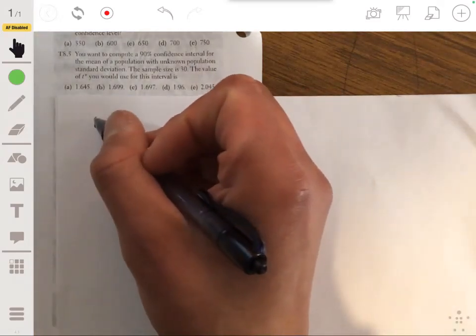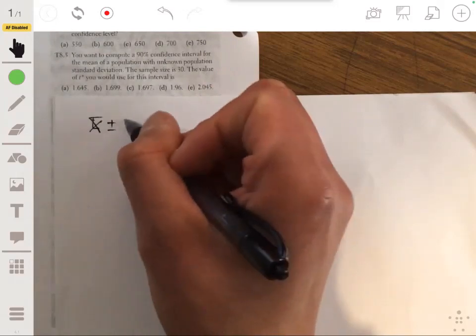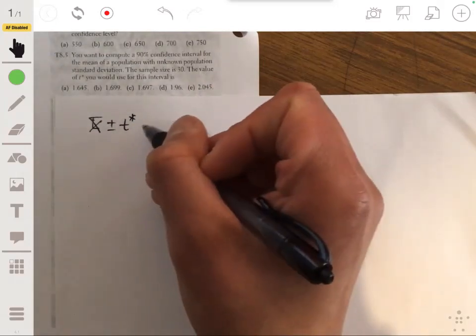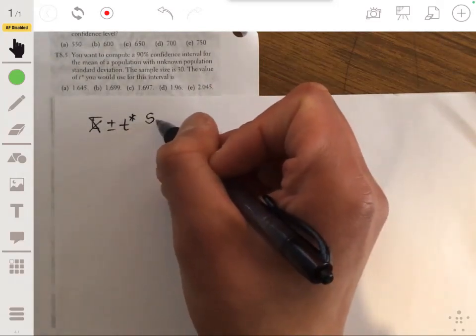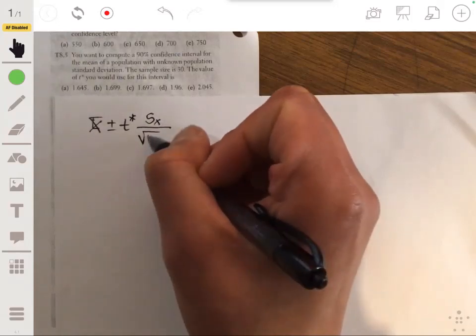We'll have our sample mean x bar plus or minus t star times the standard deviation of the sample over the square root of the sample size.